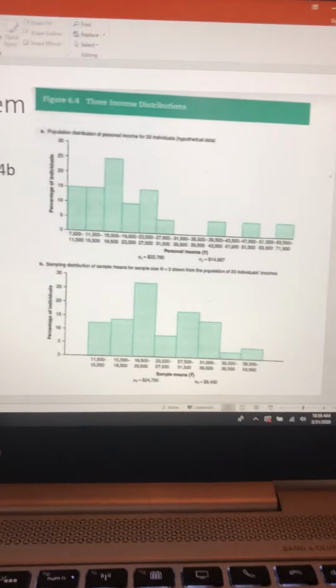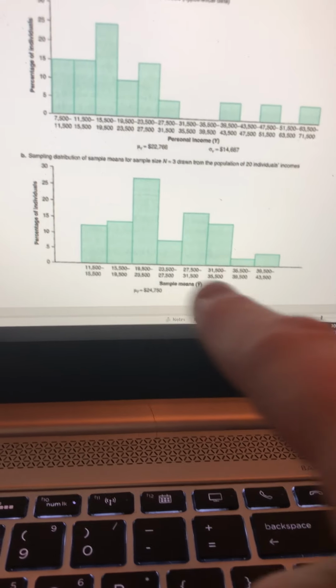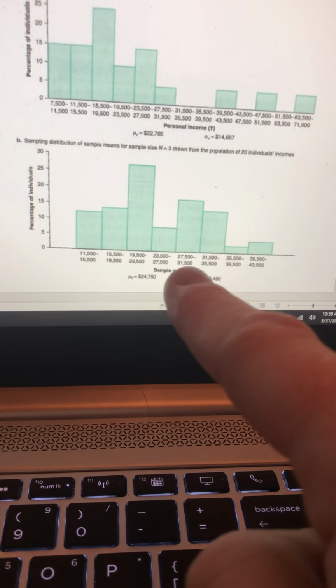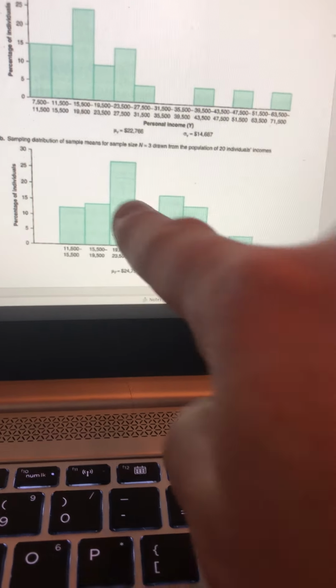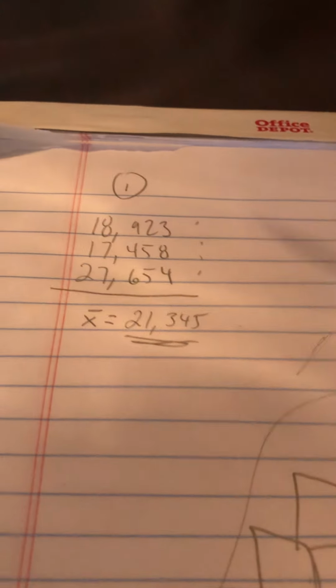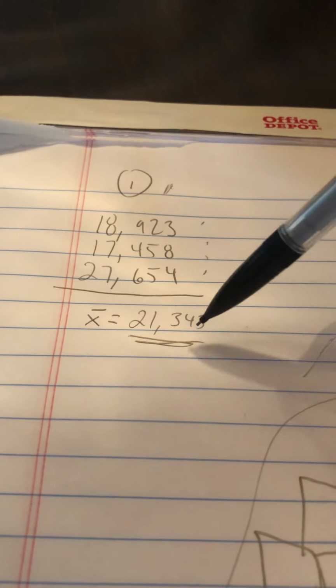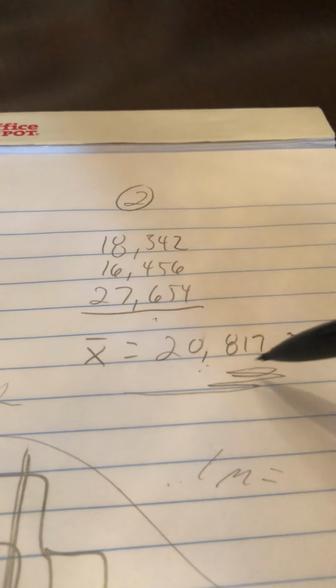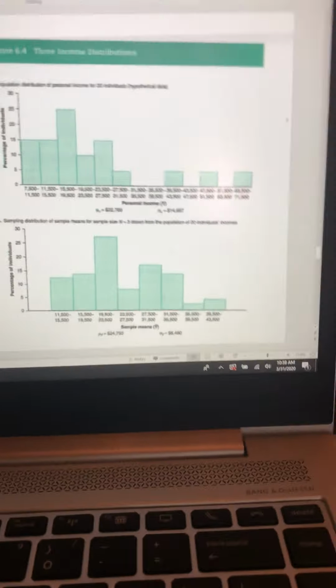So these are sample means that we've plotted here. So it'd be like, back to the example, sample 1, here's a mean. We plot it on the chart. Sample 2, here's another mean. Plotted on the chart. Okay?